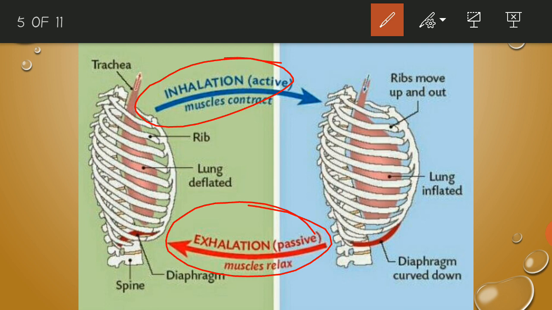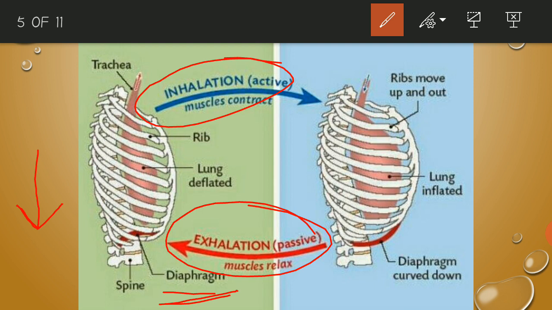But when inhalation progresses, the structures that are involved in breathing change in a certain way. Now what are they? At first, the diaphragm moves downward, and simultaneously the intercostal muscles between the ribs are contracted.